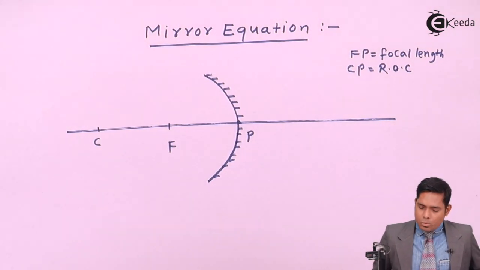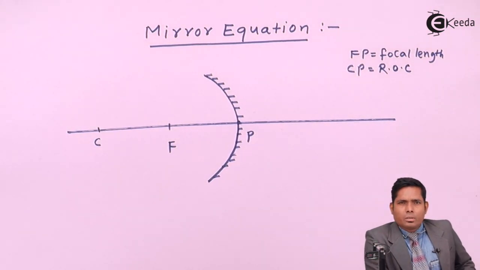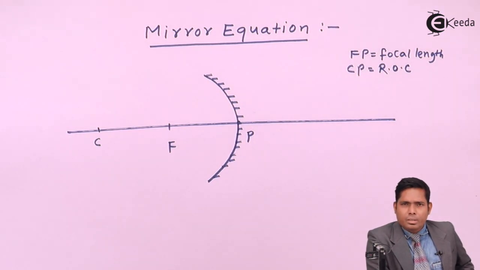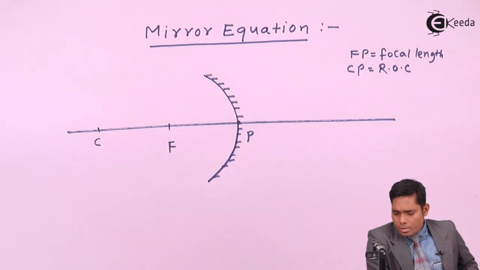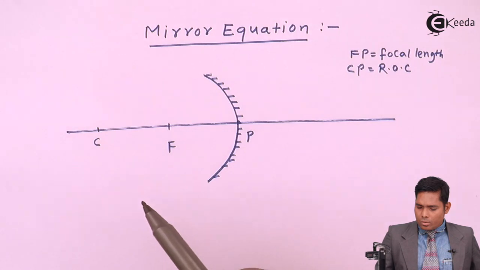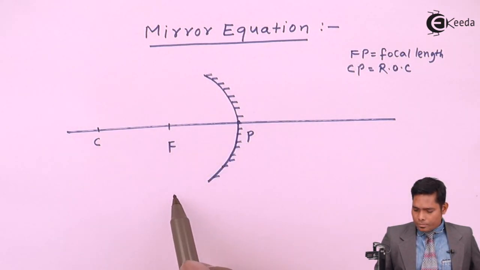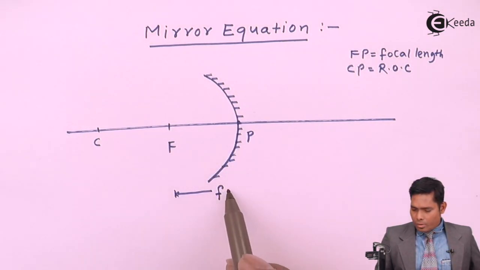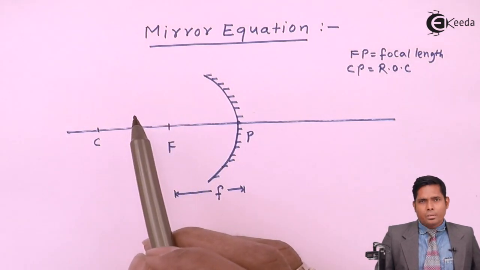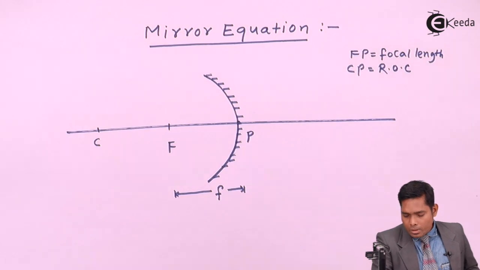Now our aim is to find the equation. The basic meaning of the equation is to have a relation among three physical parameters: the focal length, the object distance, and the image distance. That means where you keep the object.